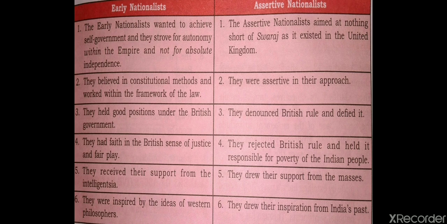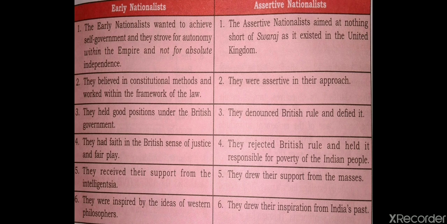Early nationalists believed in constitutional methods and worked within the framework of the law, whereas assertive nationalists disagreed with the constitutional method, and their approach was quite assertive in nature. Early nationalists held good positions under the British government because they believed in the justice and fair play of the Britishers, whereas the assertive nationalists denounced the British rule and defied it.